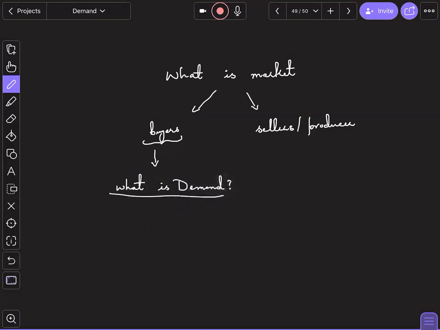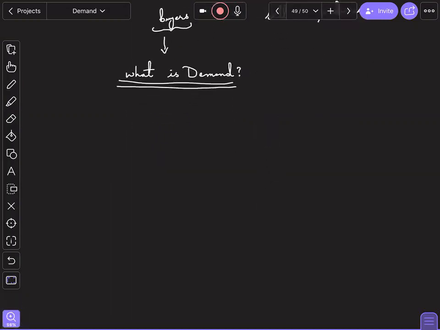So for any consumer to have an effective demand for a good, they need to have two things. One is that there should be willingness and ability. What do these two terms refer to? Willingness refers to that the consumer is willing to buy the good.